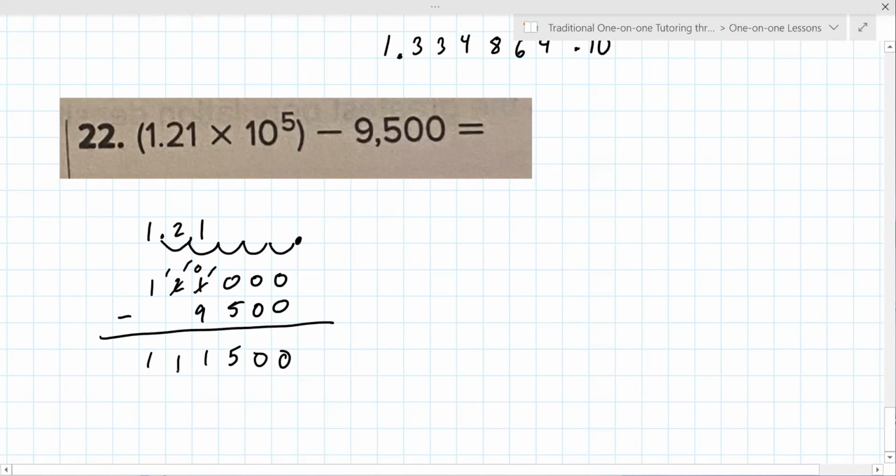I think I got it. Right answer. Okay, so that's the right answer. But what is it in scientific notation? This is the detail step.